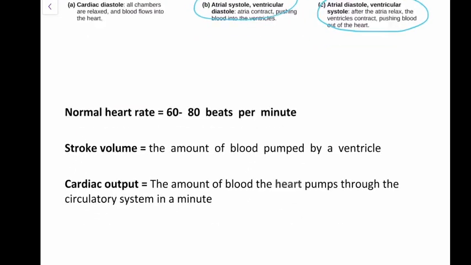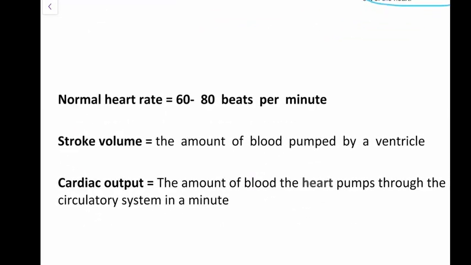In a normal healthy adult, the heart rate, that is heartbeats per minute, is about 60 to 80. But this varies between individuals. As an example, in an athlete, the normal heart rate will be low. It can be 60, even 50.